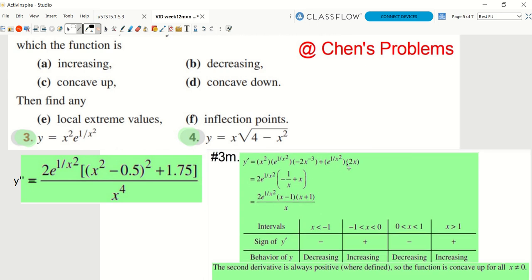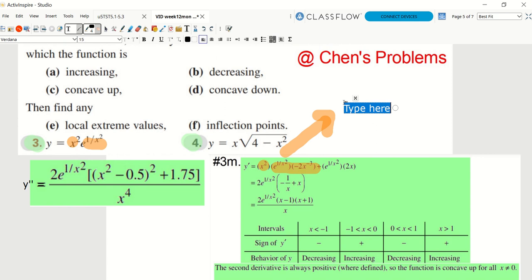So this is basically product rule plus the chain rule. So here is keep first, derivative of second. Keep first, derivative of second. This is chain rule right here. And remember, you can think of this right here as x to the power of -2, like that.